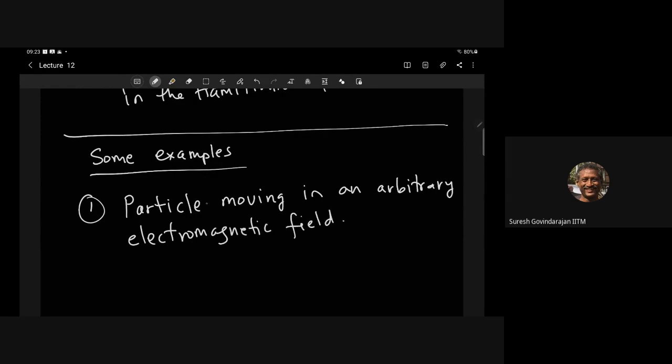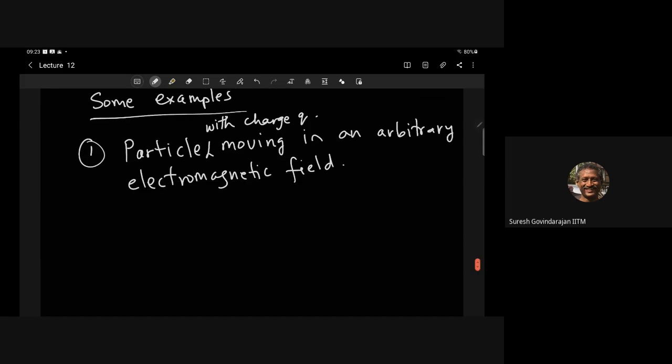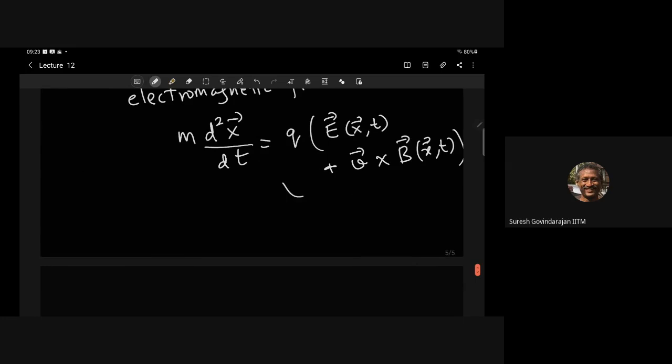We know from the equations of motion, we know this very well, that this is equal to Q times the fields. This is the Lorentz force law.